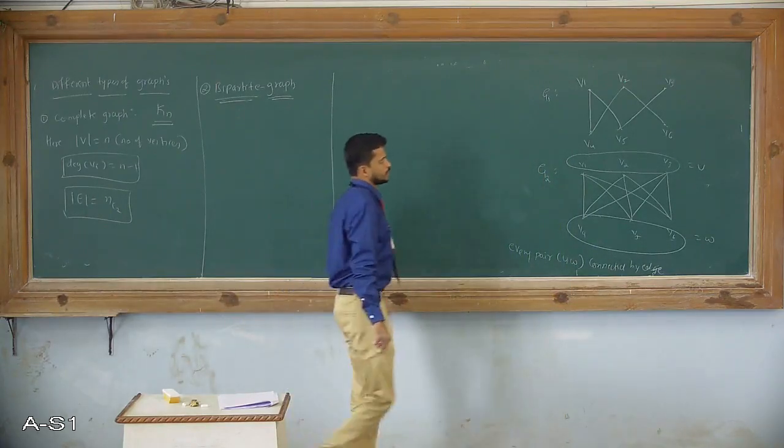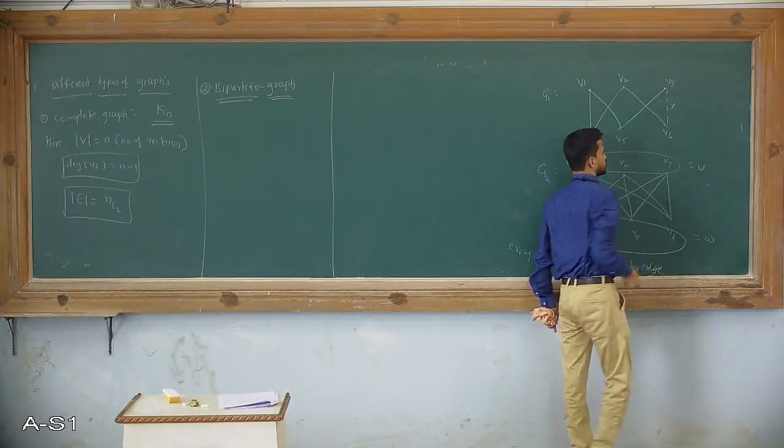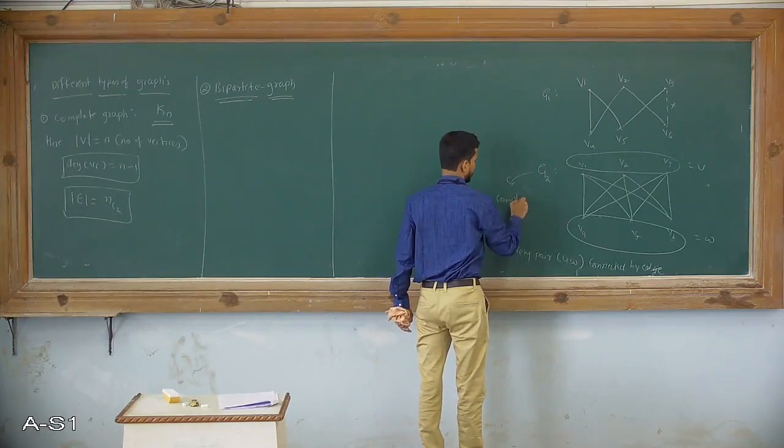But in the other graph, there is no edge between these two vertices. So this type of graph is called a complete bipartite graph.